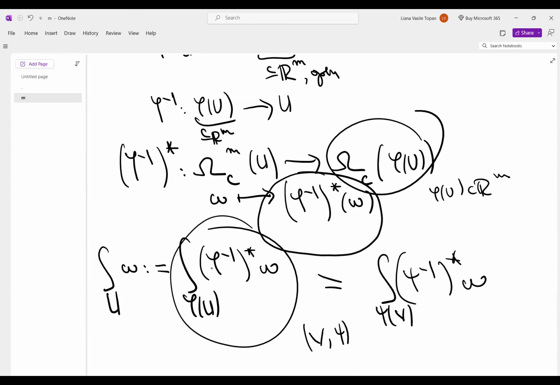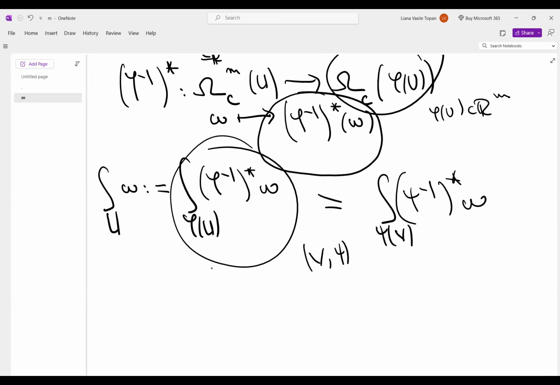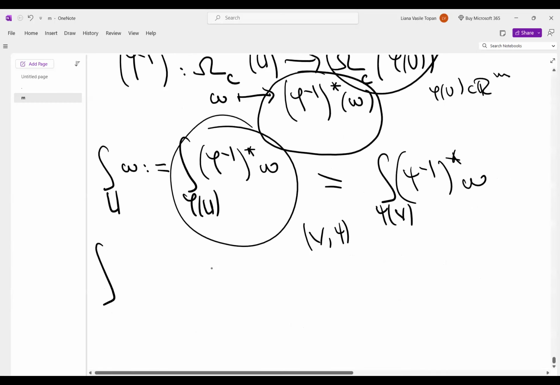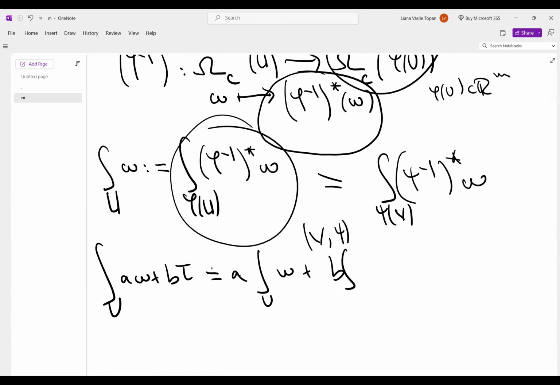So the definition is correct. Also, the integral defined like this will be linear. When you evaluate the integral over U of a omega plus b tau, omega and tau being forms, this will be a times the integral over U of omega plus b times the integral over U of tau.